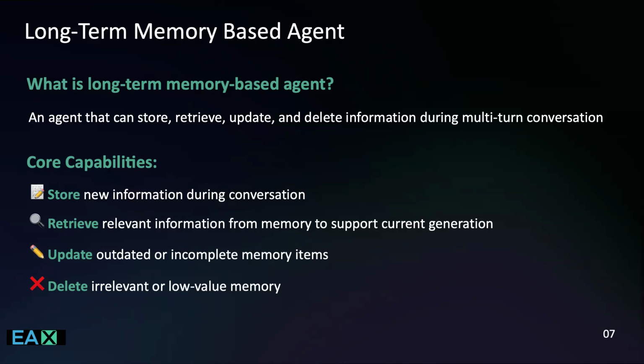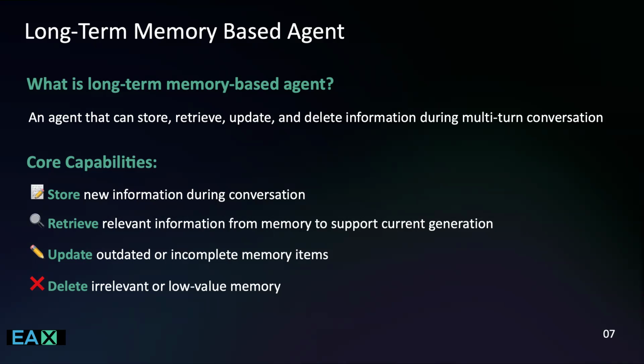You iteratively talk with this agent, and the agent will automatically add your input message into the memory. And when this agent generates a response to your input, it will also retrieve the relevant information from the memory and then augment the input with this memory to provide a better response.